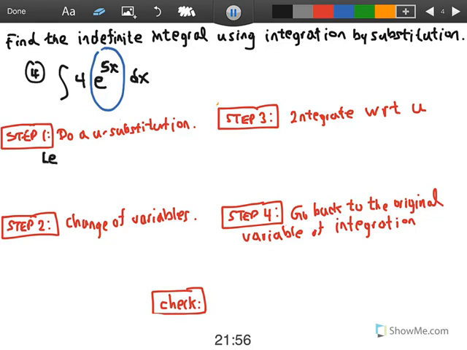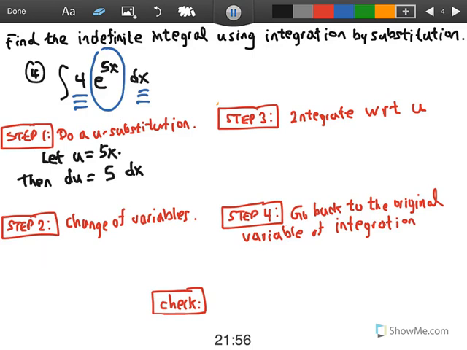So we're going to do this u-substitution. Let u be equal to 5x. Then the differential of u, the derivative of 5x with respect to x, is 5 dx. So now if you look at the original problem, we have 4 dx. So how do we deal with that?